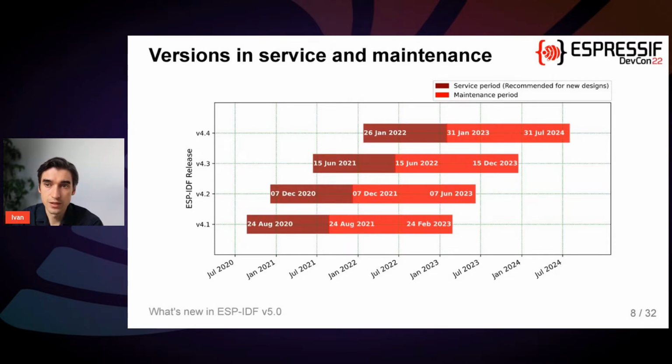So if you're starting developing for a new product, then 4.4 at the moment is the release you want to develop with. However, a 5.0 release is close, so if your product development is only starting right now, you may want to consider using the 5.0 release, and this is what we will talk about the rest of the talk.